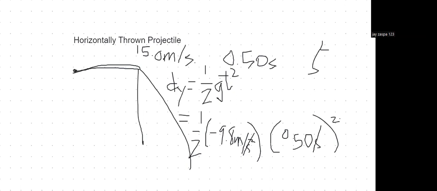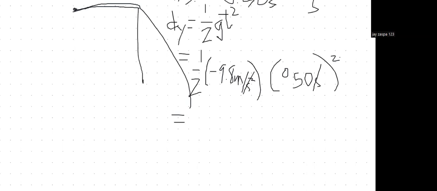So 0.5 squared is equal to 0.25. The seconds squared was cancelled out.